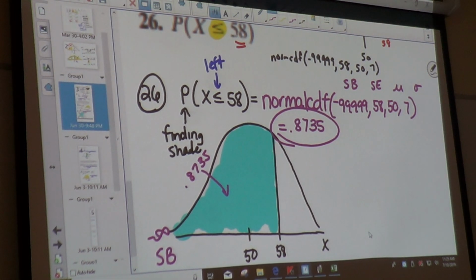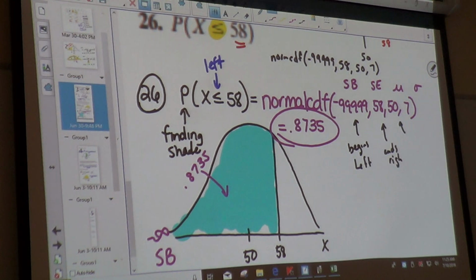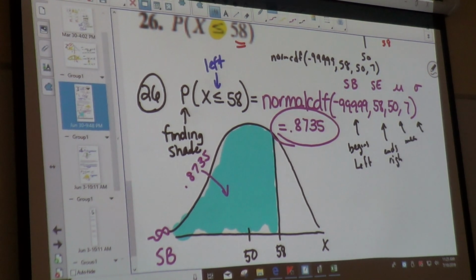Coming back from last time? Stop me if you don't get it. This is where it begins. This is where it ends, or this is on the left, this is on the right. This is my mean, this is my standard deviation. Cool?